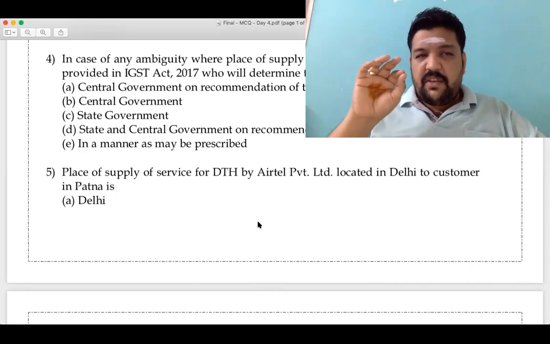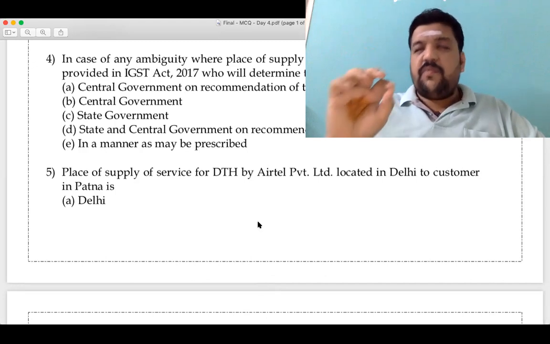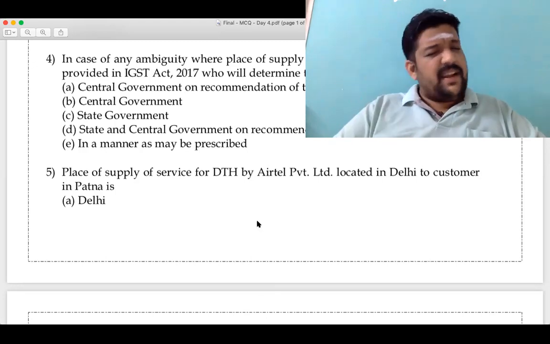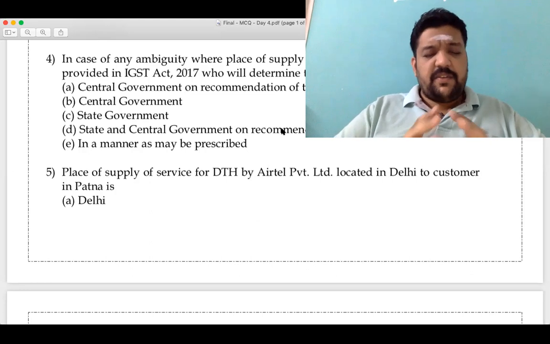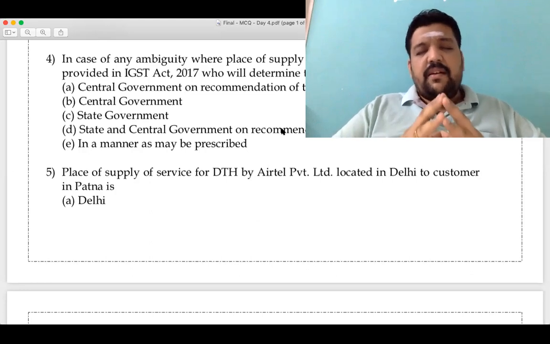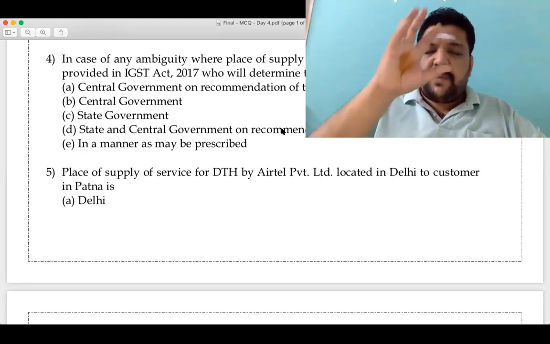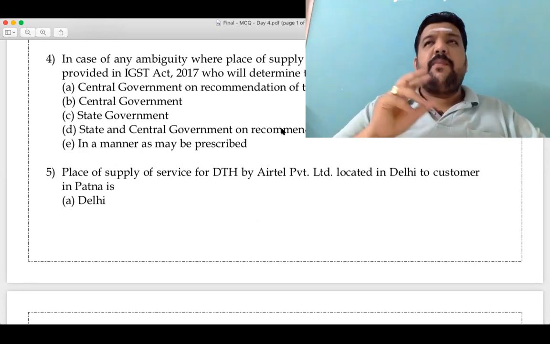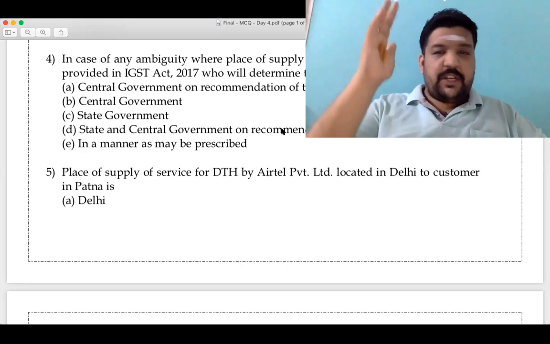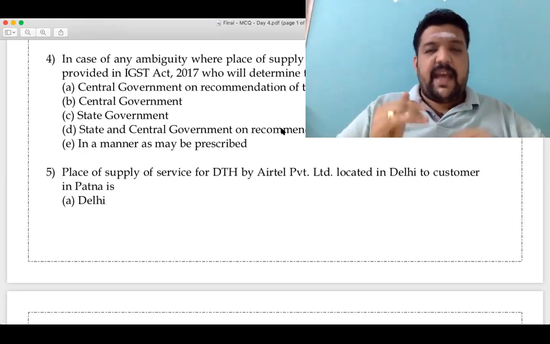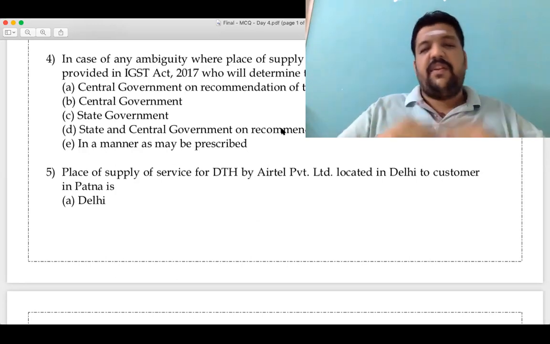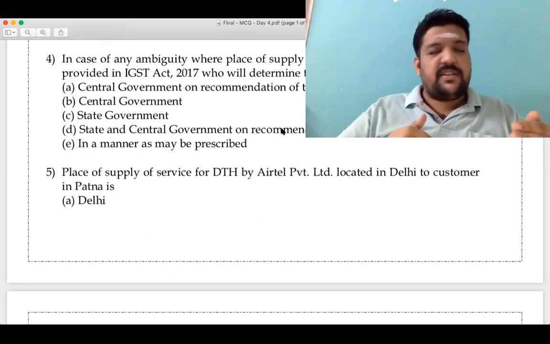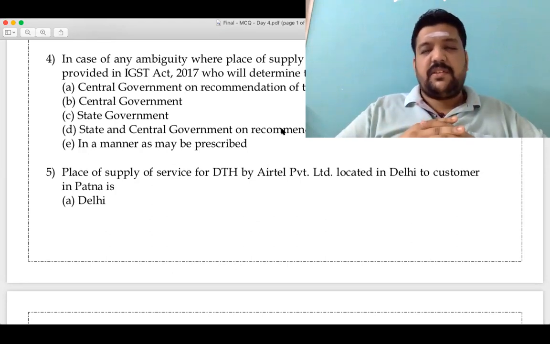Now for MCQ 4, let's generally assume for a moment that place of supply as per those 5 subclauses for goods cannot be determined. Place of supply in an international market cannot be determined as per the clauses given there, the first 12 clauses.